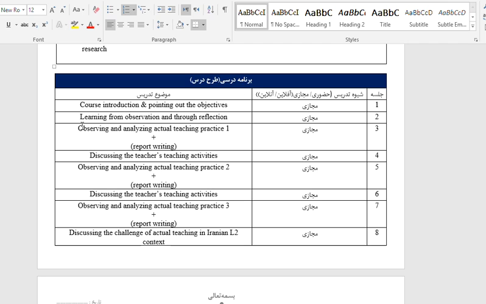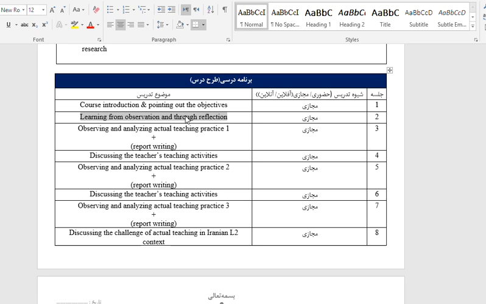In the second session, learning from observation and through reflection, I try to tell you that as language teachers, as teacher learners, you're student teachers, and I am also a student teacher, and we should observe and reflect on our teaching practice.